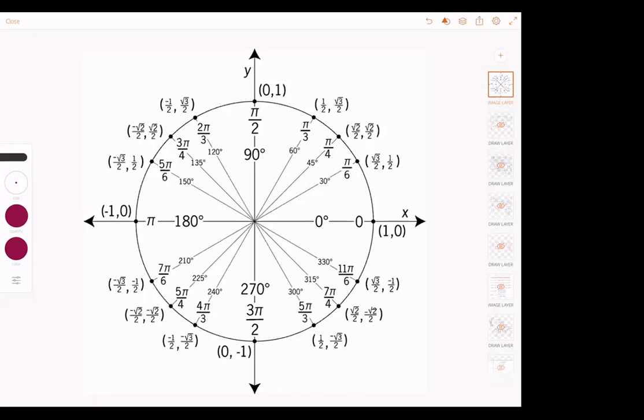Anyway, let's wrap it up. I put the unit circle here. If you guys remember, we start with 30 degrees, exact value, 45 degrees, exact value, 60 degrees, exact value. We proved those are cosine and sine.